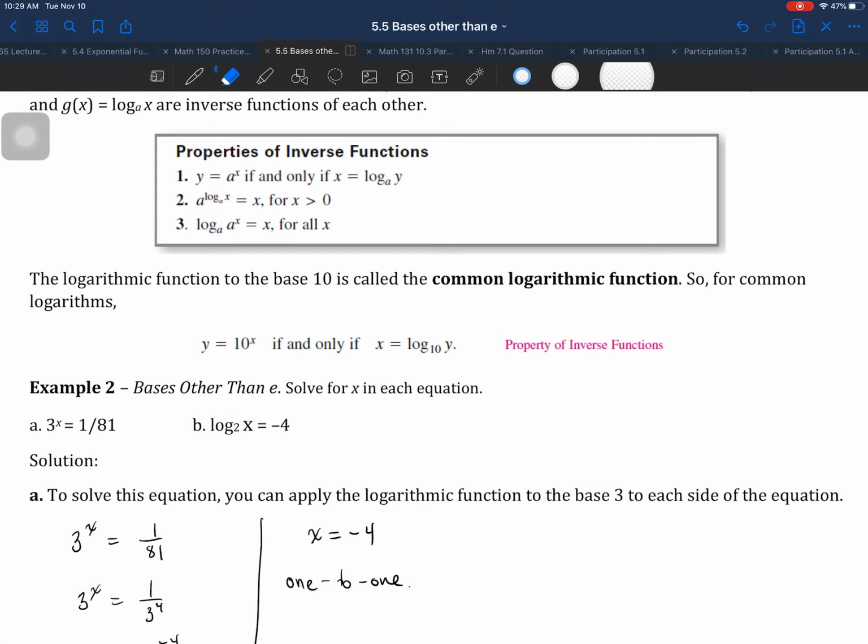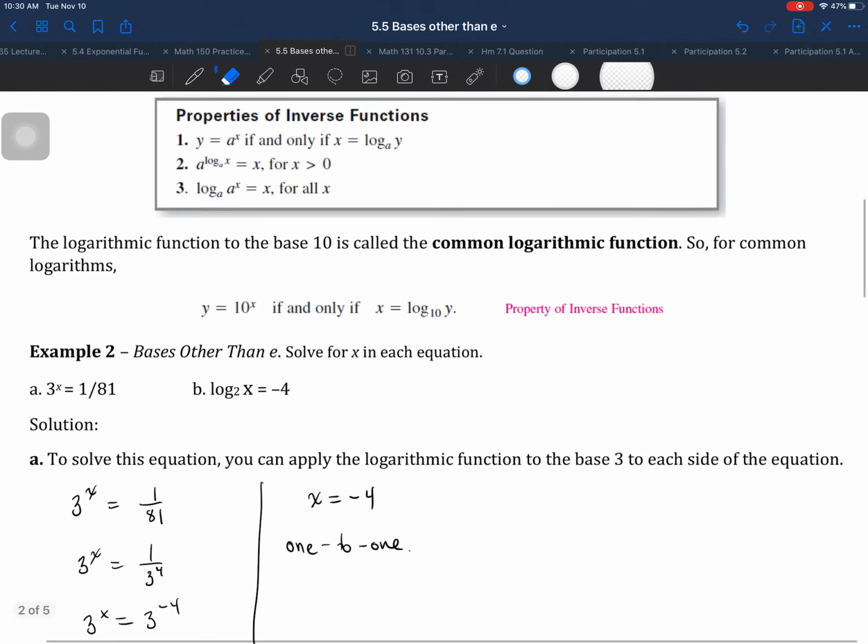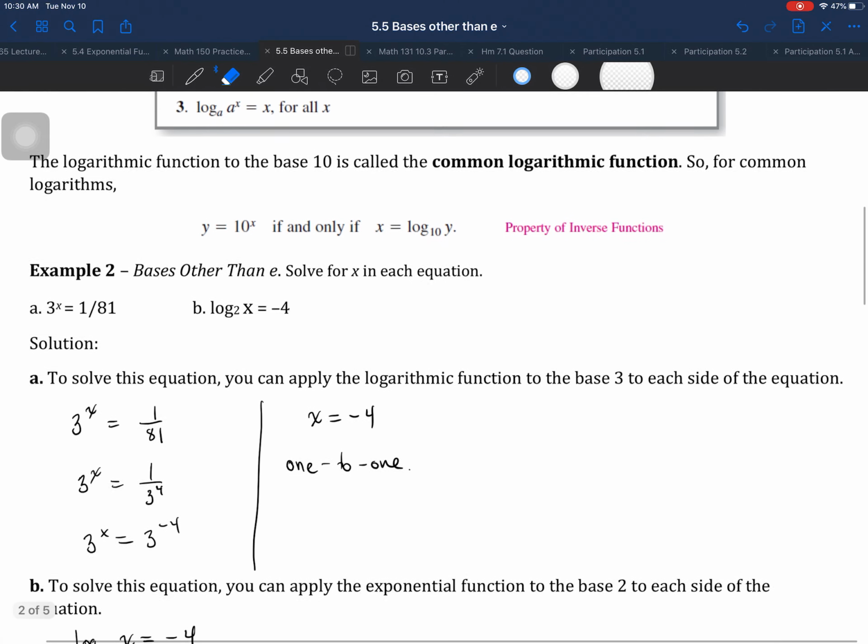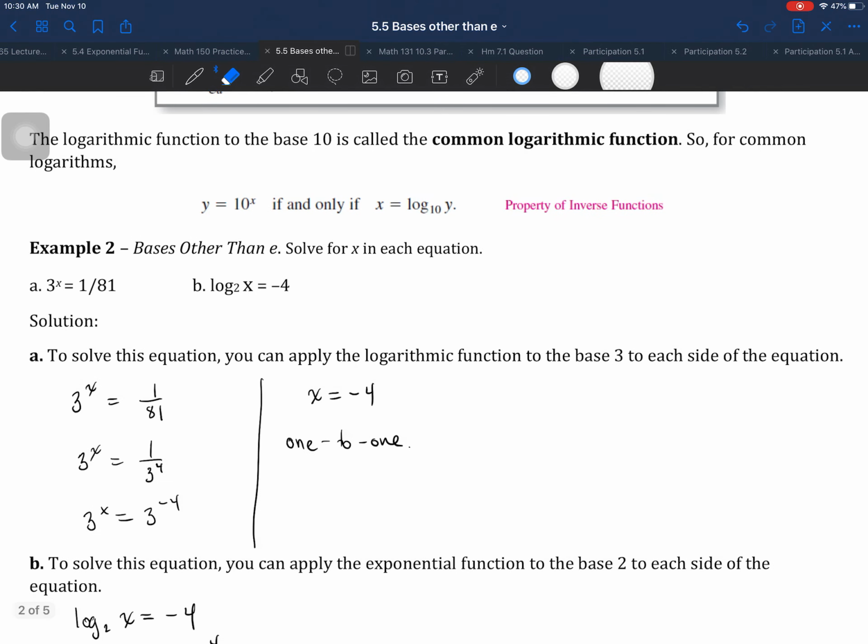Now we have a special logarithm called the common logarithm function, and that is the logarithm with base 10. It is known as the common logarithm because it was the most commonly used logarithm for the longest time.